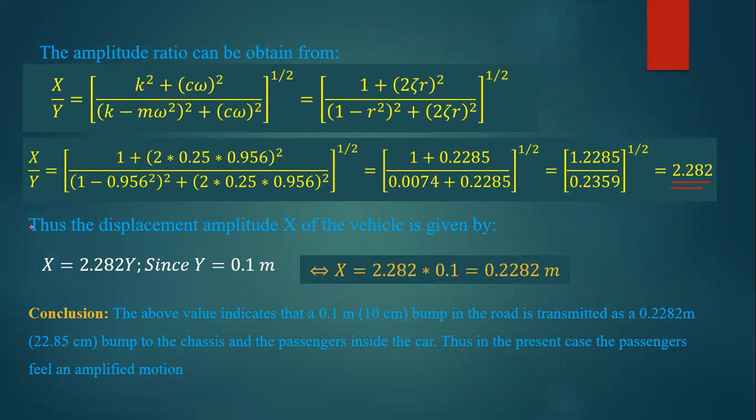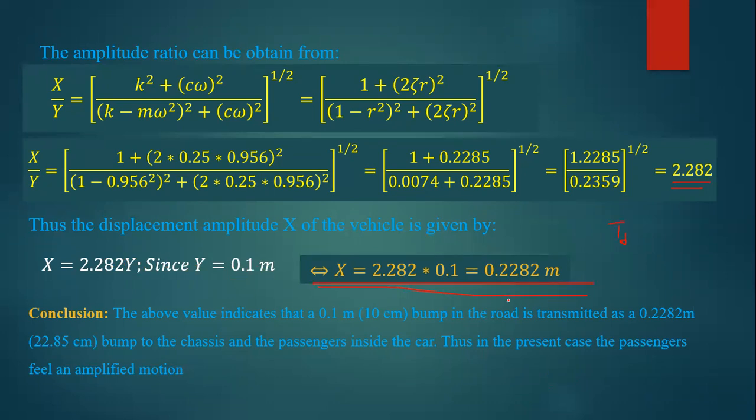We call this TD, the displacement transmissibility. We have y equal to 0.1 meter from the road profile, so substituting in y, we get x is equal to 0.2282 meters. This is what we were going to calculate.